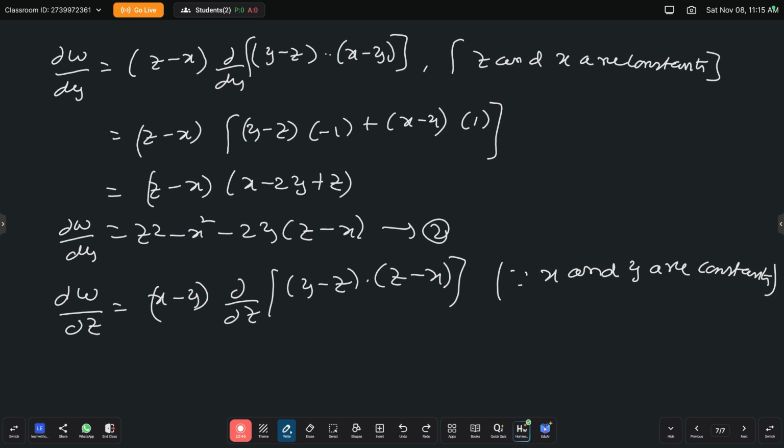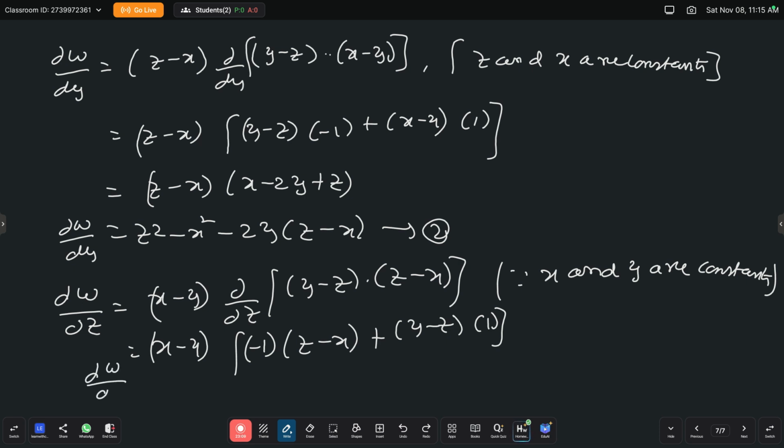Again you can apply the UV form: (x minus y) into, with respect to z, ∂z/∂z is minus 1, y is a constant so 0, into (z minus x), plus (y minus z) into 1. So now the value is ∂w/∂z equals x square minus y square minus 2z into (x minus y). That is the third equation.